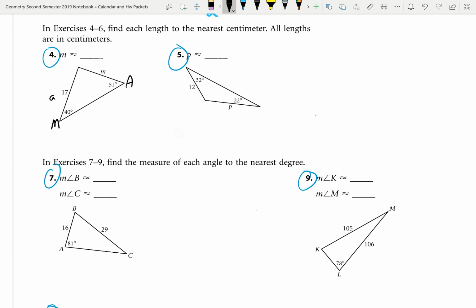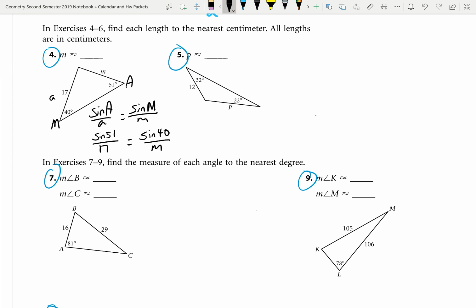I can see that sine A over a equals sine M over m. So sine 51 over 17 equals sine 40 over M.